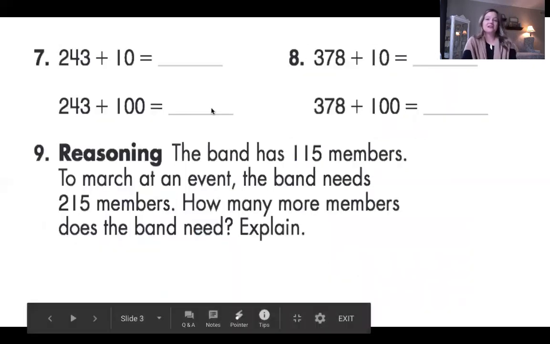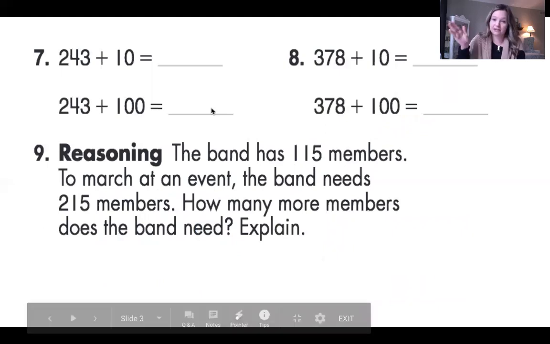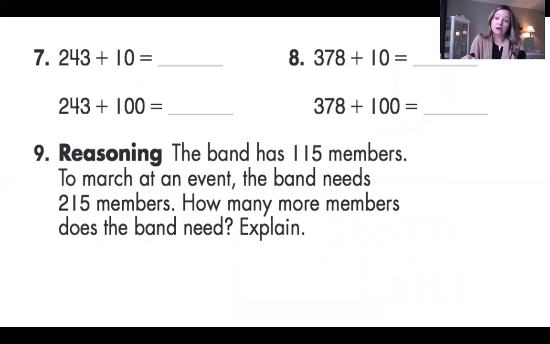So now let's look here. Now you're going to try this on your own. And after you complete these, remember you can write it on the sheet, or you can write it on any piece of paper, maybe even a whiteboard so you don't waste paper. It's fine with me. You can even just email me your answers. I would love to hear from you. So just as a reminder, when you look at number 7, 243 plus 10, we're going to look at the tens place, okay?